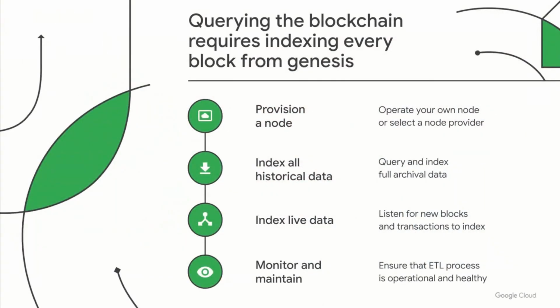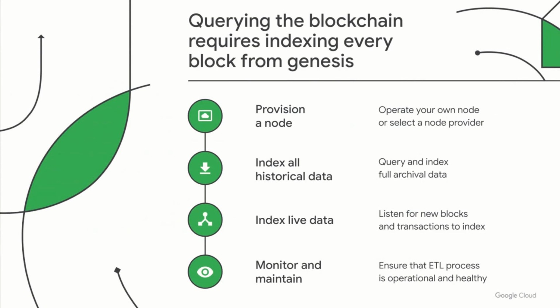It's really hard to answer simple questions like, what is the total value of all Ethereum transactions over the last 2 weeks? Or which NFT does a particular wallet address hold? To be able to execute these kinds of queries, you need to index every single block from Genesis. This means getting access to a node, either operating your own or finding a third-party provider.